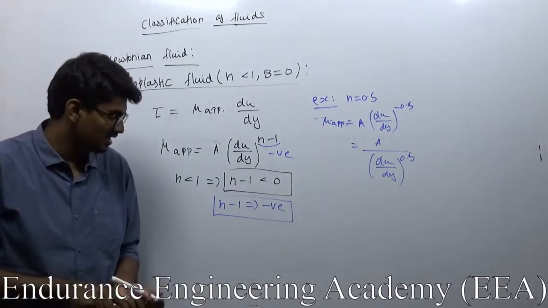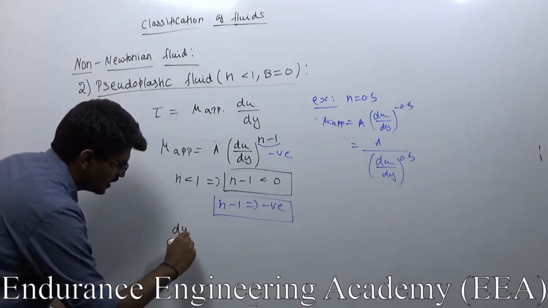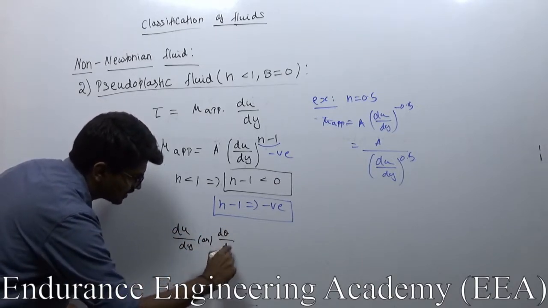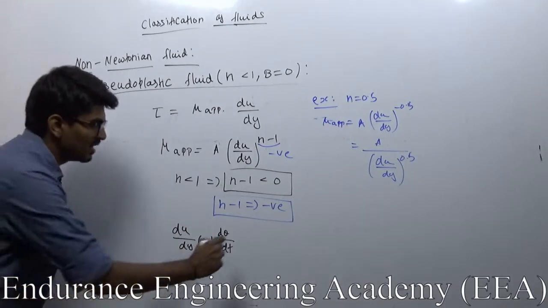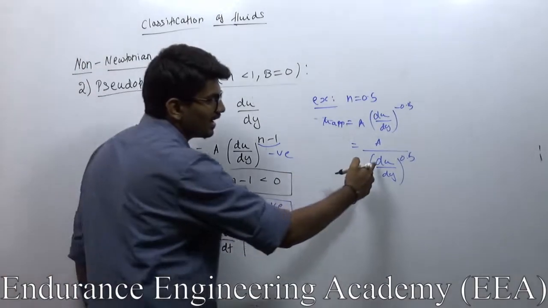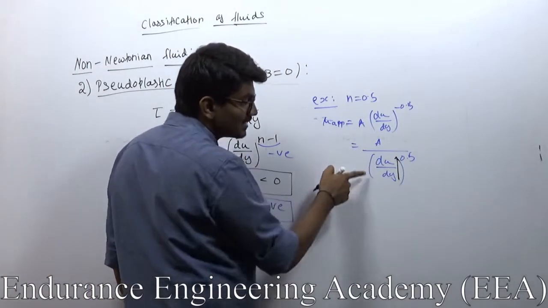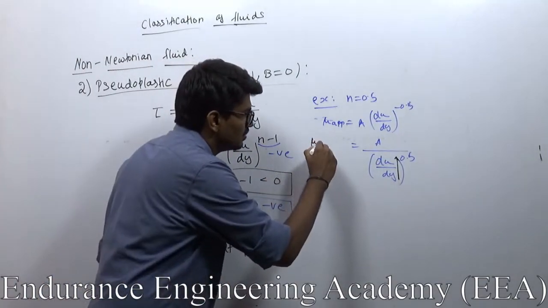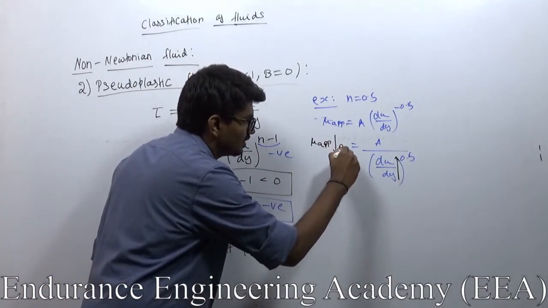Now answer me, if du by dy or d theta by dt, both are the same, increases, what happens to mu apparent? If du by dy increases, now it is in the denominator, so mu apparent decreases, right?